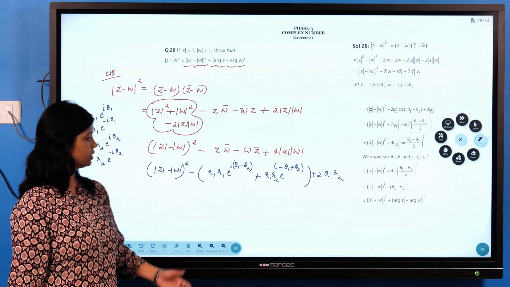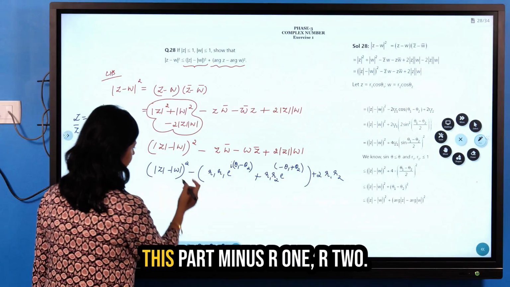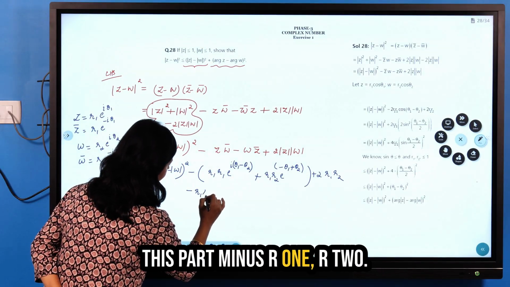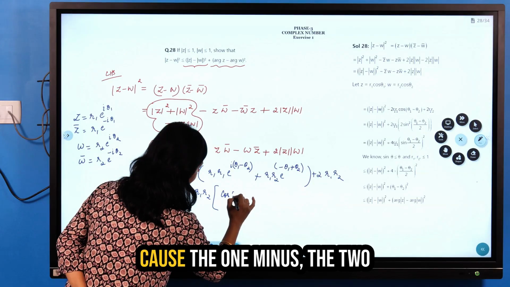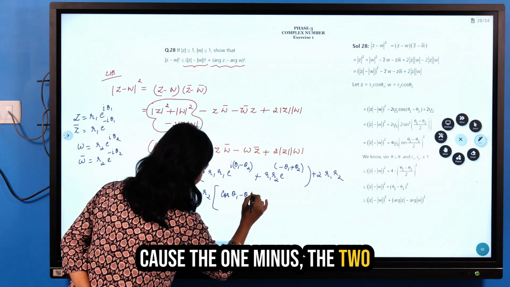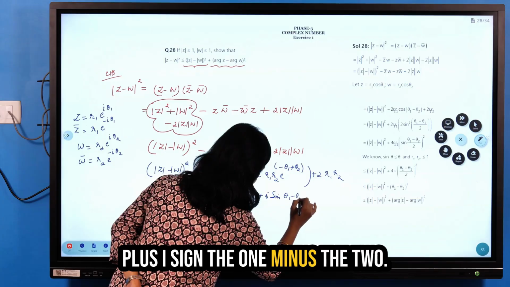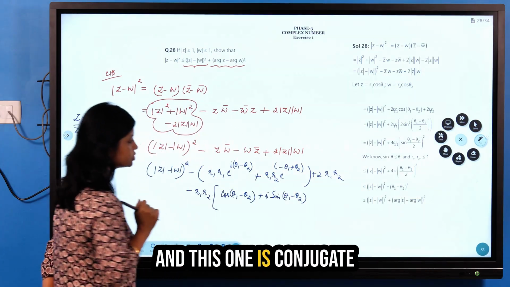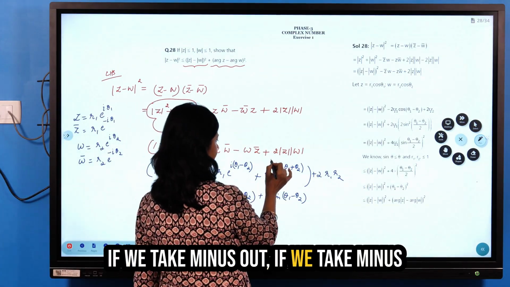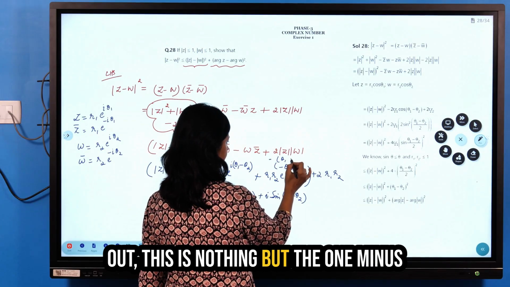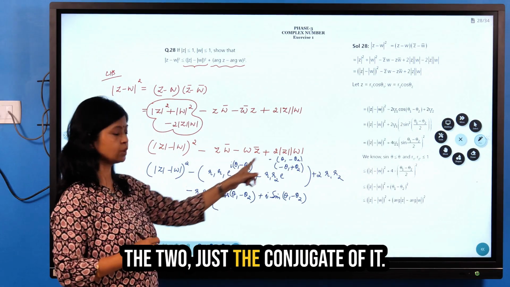Now this one, just open it up, minus r1 r2 times cos theta 1 minus theta 2 plus i sin theta 1 minus theta 2. And this one is conjugate of this one, isn't it? This is the conjugate of it.